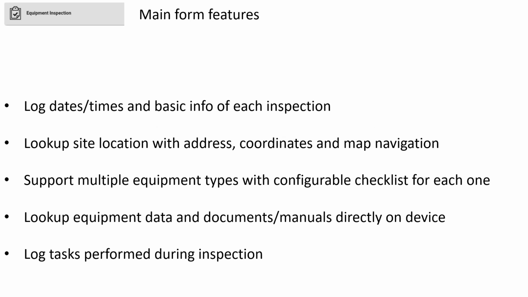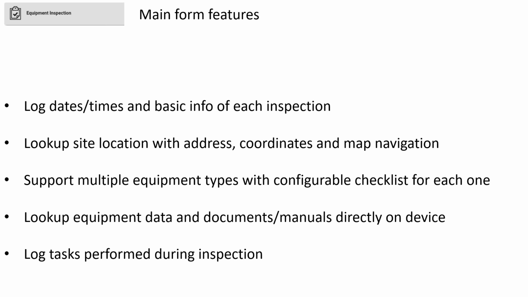So what can we do with the equipment inspection application? We log basic data such as the date and time, and basic information for the inspection. We can look up the location of the site where we're doing the inspection via address, coordinates, and even do map navigation. We can do inspection for multiple equipment types.